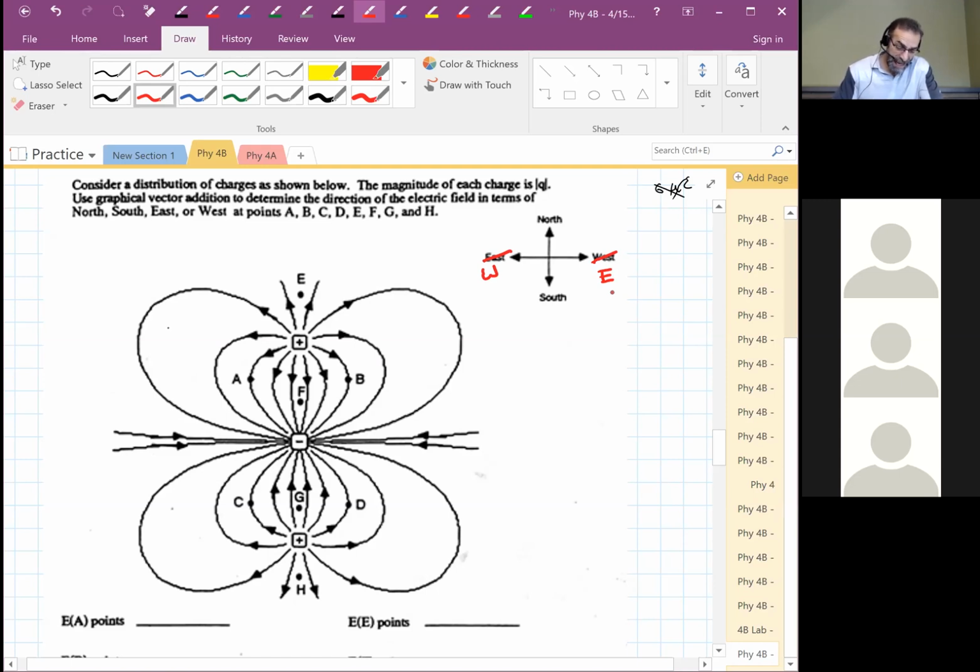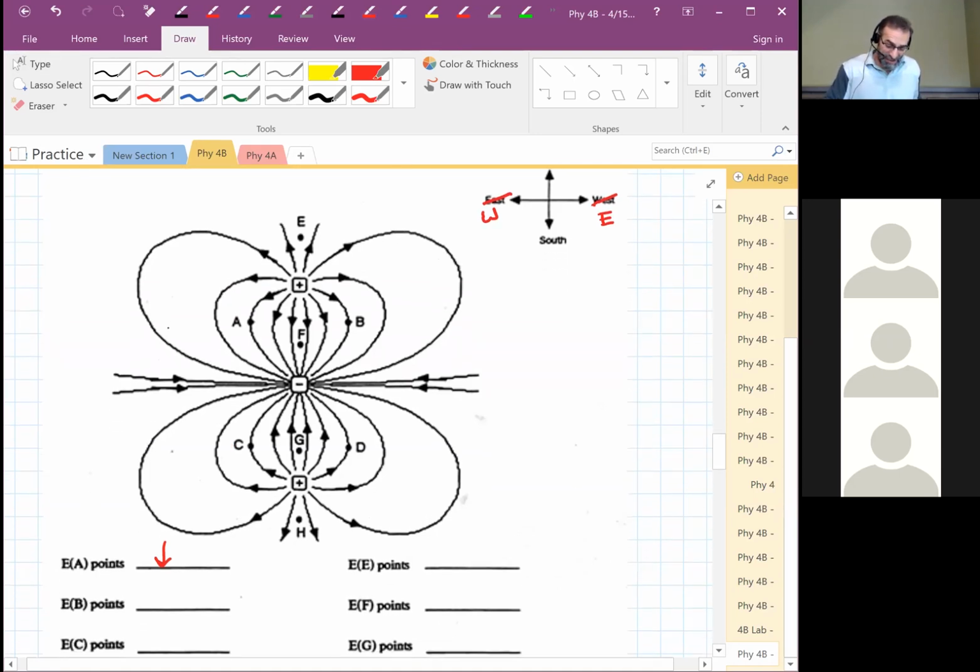Okay, so if we're standing at point A, right here, and we have our electric field compass out, what direction does the needle point? It points south. That's correct. No, we're not going to use a pole, but thank you for reminding me.